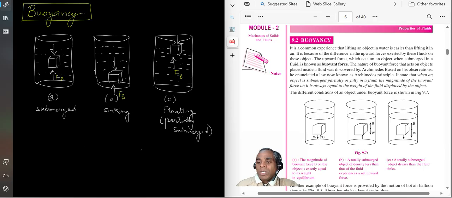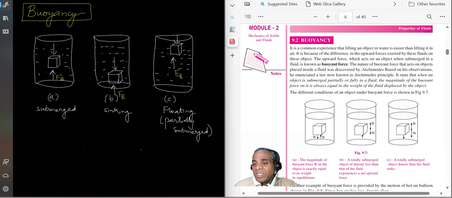Okay, so now before we start, let us state the Archimedes principle. Archimedes was a famous philosopher and historian who tried to understand why some objects float in water and why others sink. And he stated a famous principle which is called Archimedes principle.